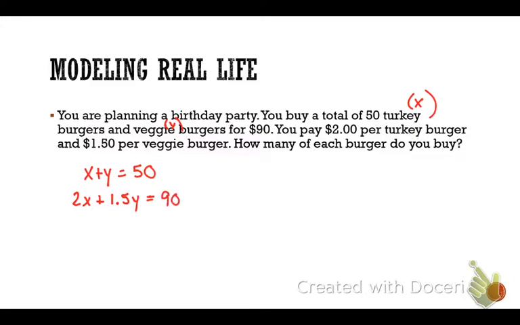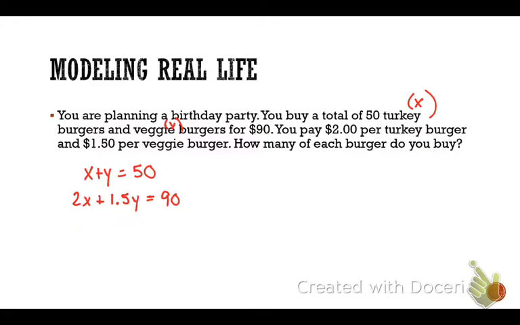Okay, so a couple things. How did I know 90 goes on the second equation? Because 90 was dollars, and that's what this was describing too: $2 per turkey burger and $1.50 per veggie burger. 90 is the total, okay?